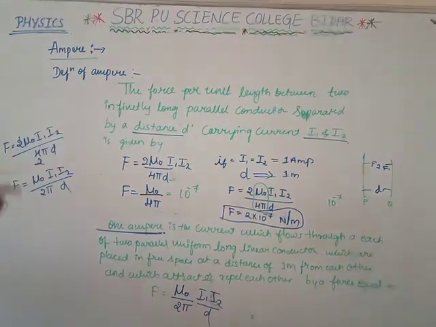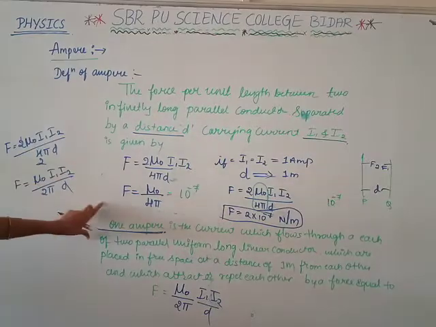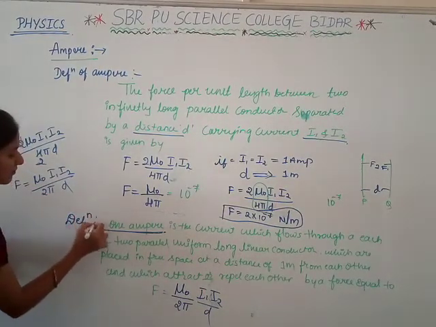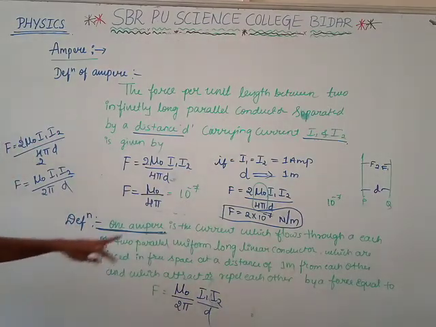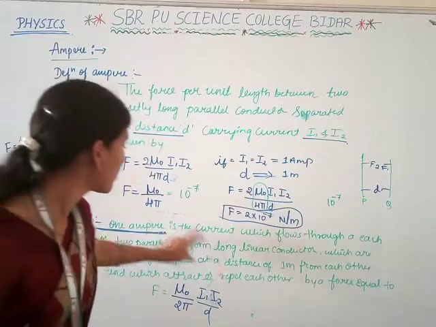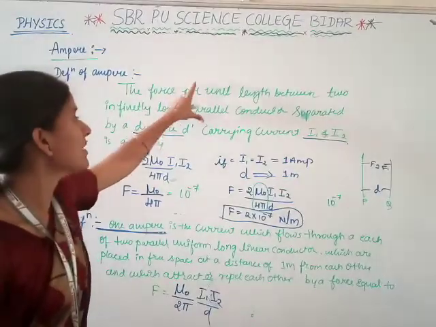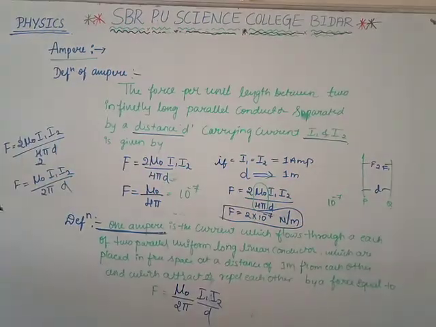Okay, this one is about an ampere. This is the definition of an ampere and this is the definition of 1 ampere. If asked for the definition of ampere, you have to write this definition. Okay, take it.